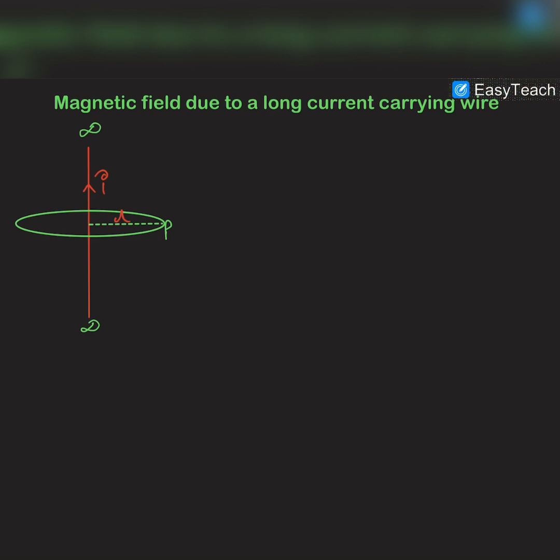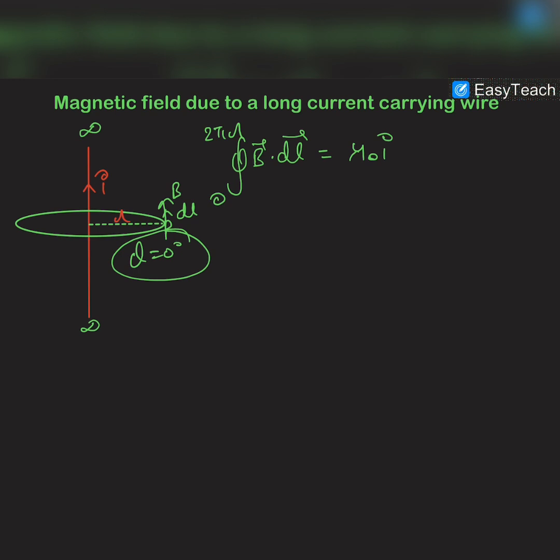So if we write integration B dot dl, it would be equal to mu naught I, which is the current passing in the loop, and the limit of this expression will be from 0 to 2 pi r. Obviously the direction of the magnetic field and the direction of dl are parallel to each other, because they are both given by the right hand screw rule.